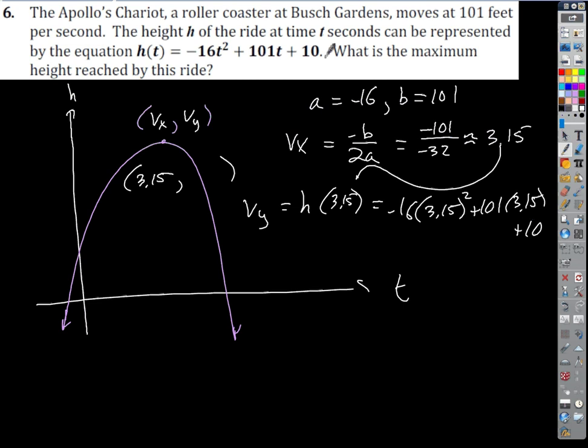What do I get if I do that? I'll do it this way, 3.15 squared times negative 16 plus 101 times 3.15 plus 10. 400 and, okay, so roughly 487.